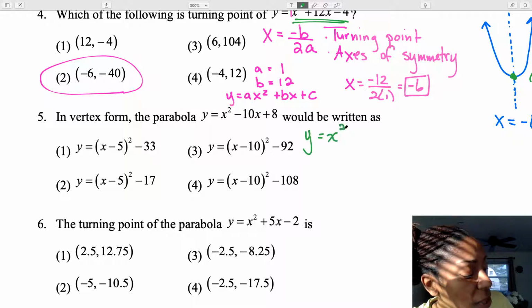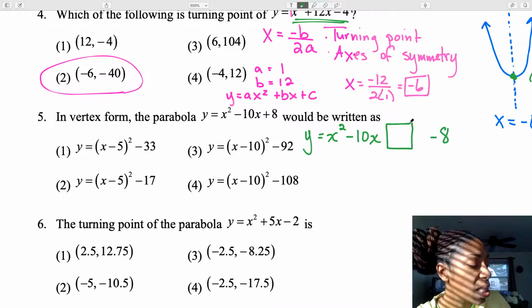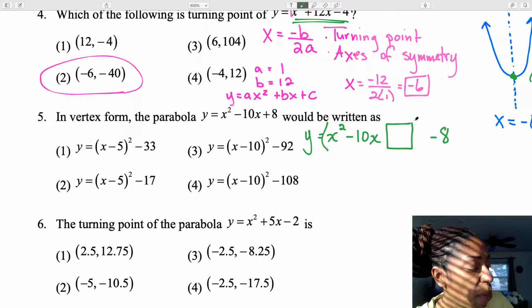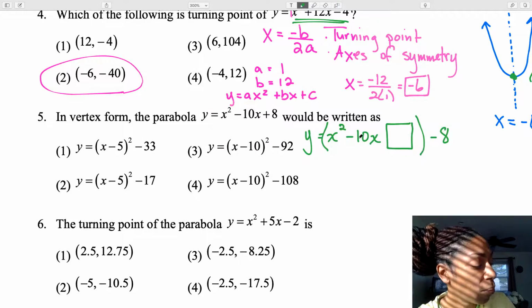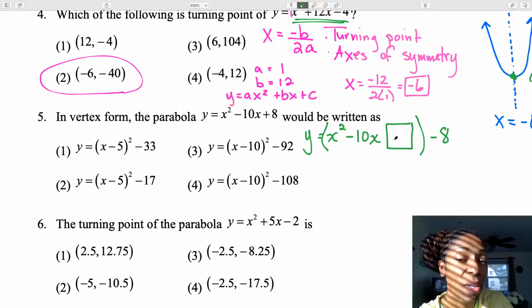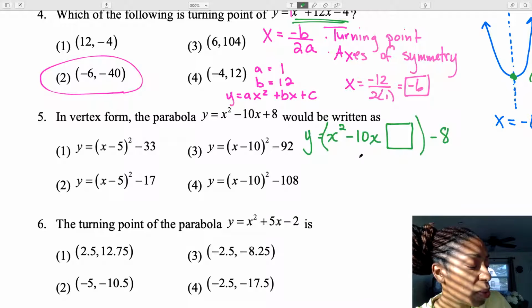The first thing we do is focus on the first two terms, and we'll slide this plus 8 down because we really want our new c so that we can write this as a perfect square trinomial. So we need to know, what is our constant that will make this a perfect square trinomial?